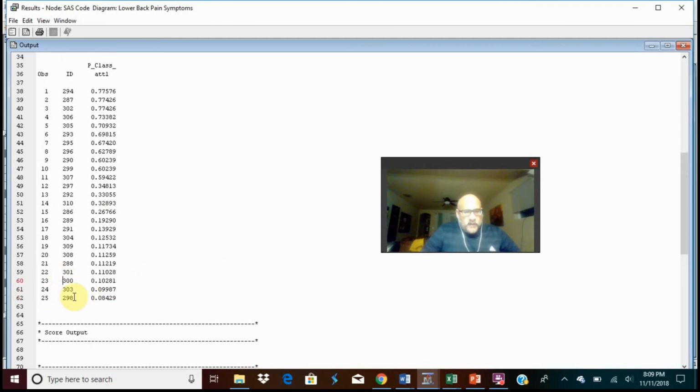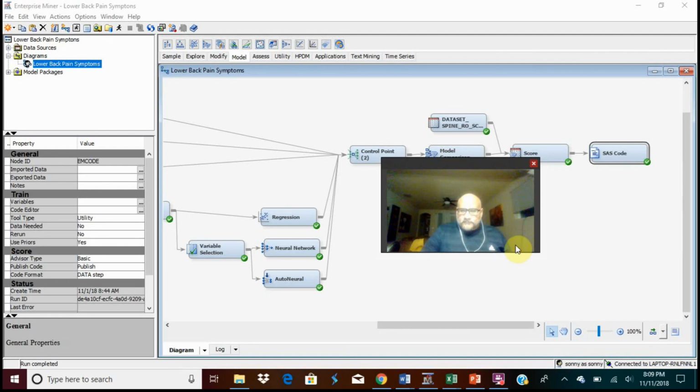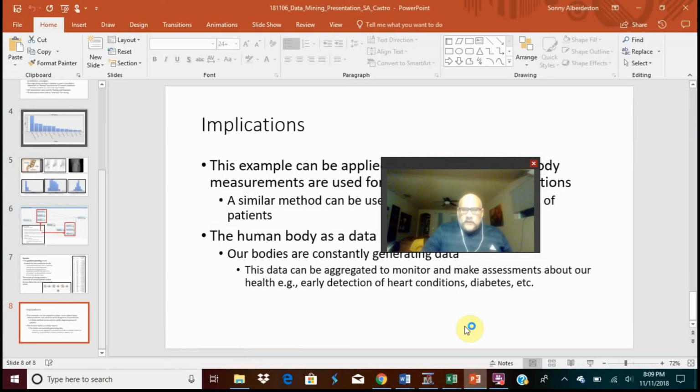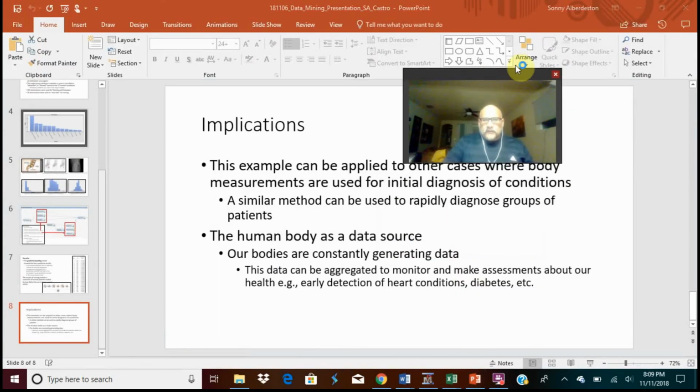So these patients at the bottom have a high probability of having an abnormal spine, and a doctor or a hospital or anybody treating these patients can use this as part of their assessment for diagnosing these patients.